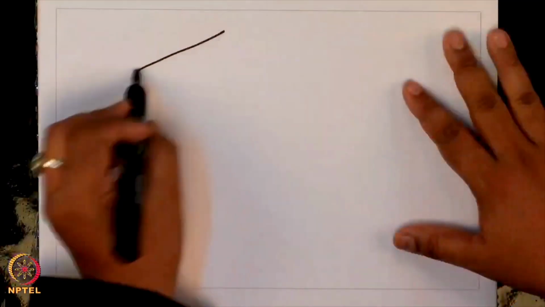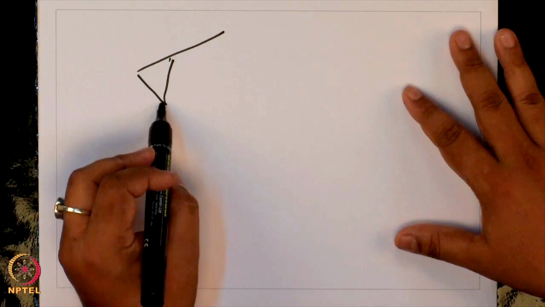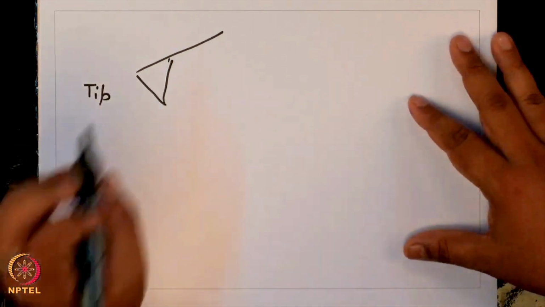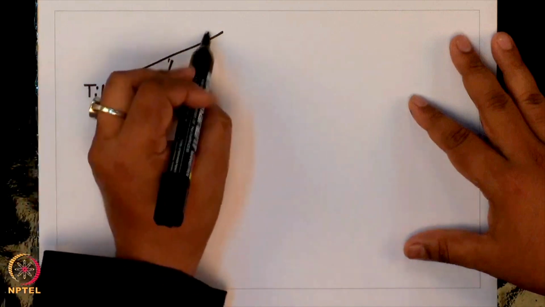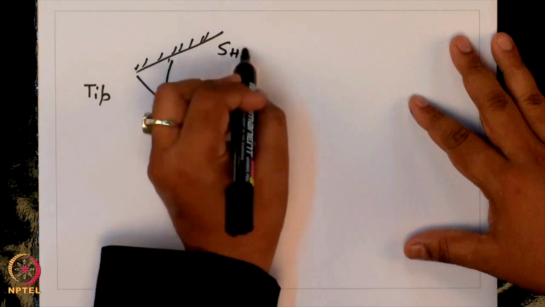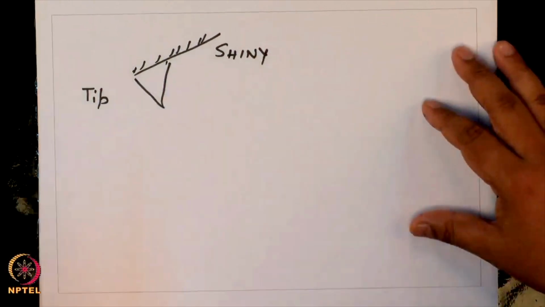So, you have this AFM tip, and what is done is, the back side of this is shiny. So, you have a laser which focuses at this point.